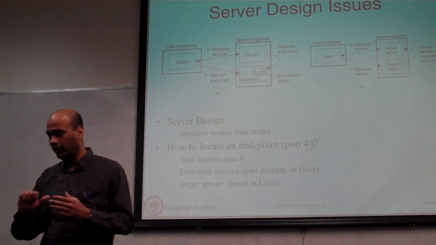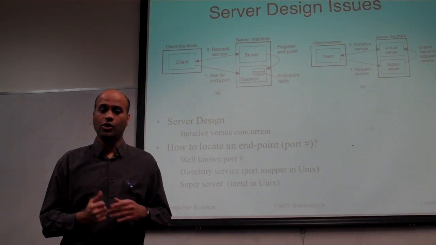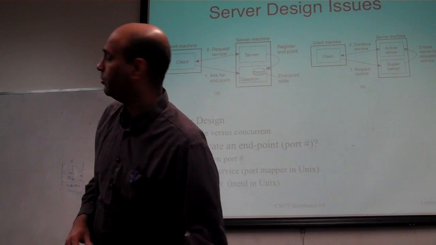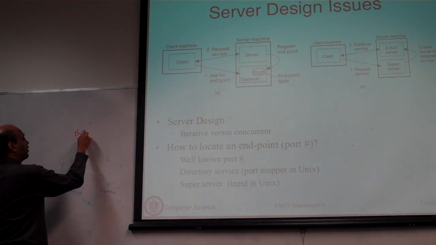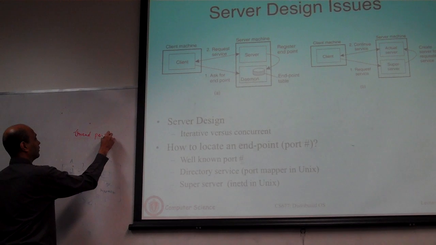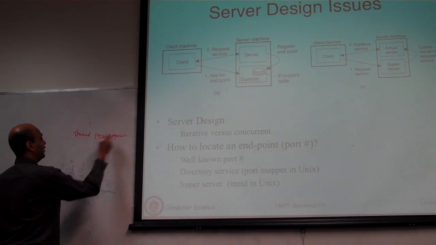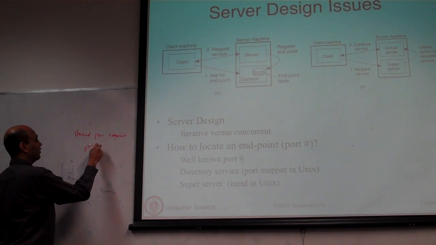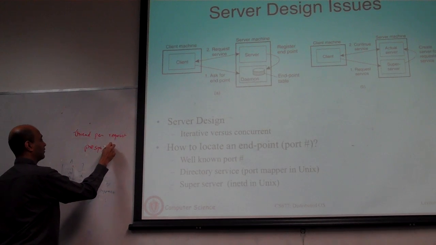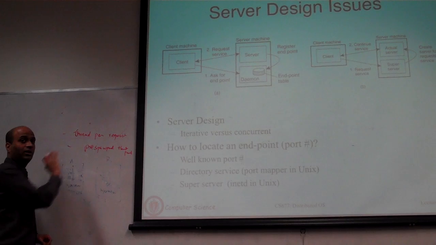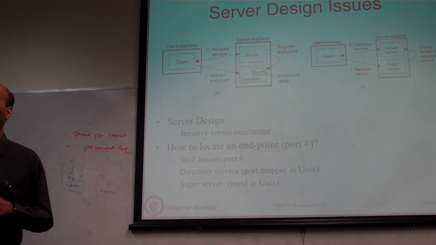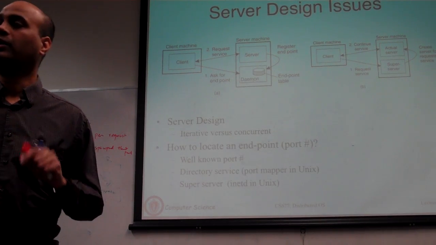Now think about the advantages and disadvantages of using what is called a thread per request model and a pre-spawned thread pool. Both are concurrent. In one case, every time a request comes in, you start a new thread.